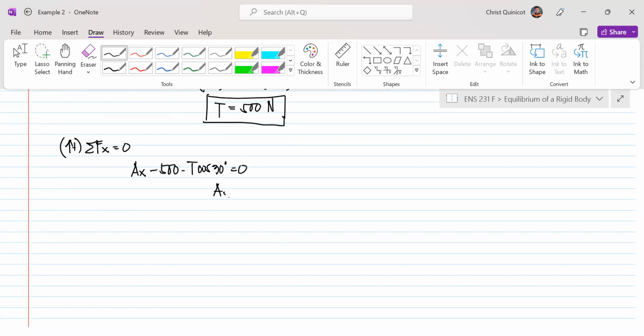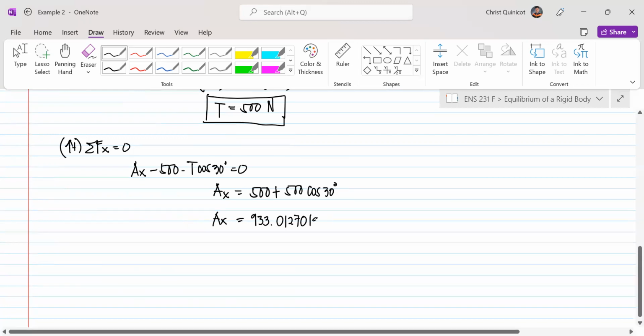So therefore, A sub x is equal to 500 plus 500 cosine 30 degrees. 500 cosine 30 is 433 plus 500, that is 933.0127019 Newton.